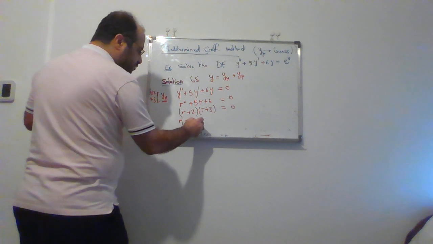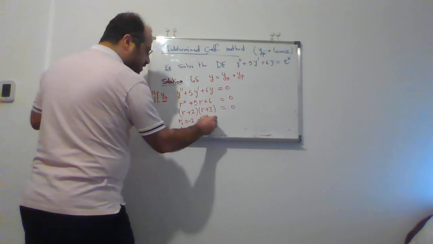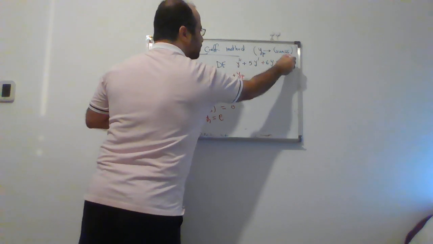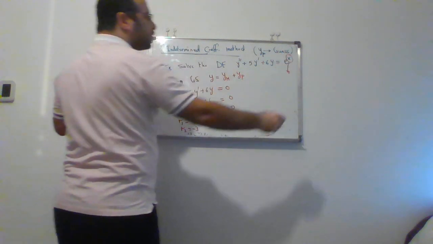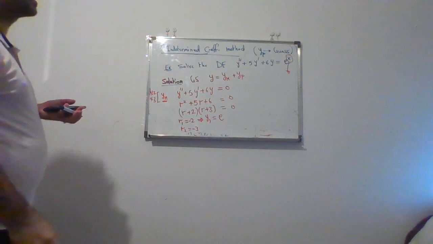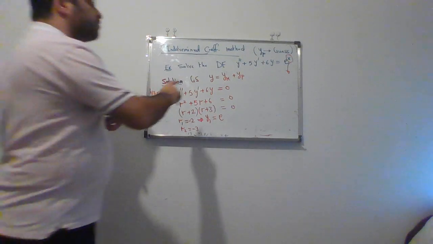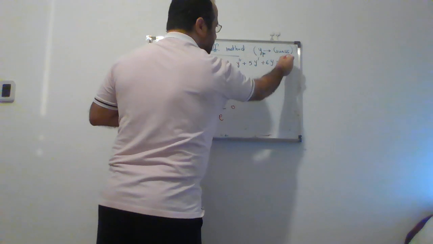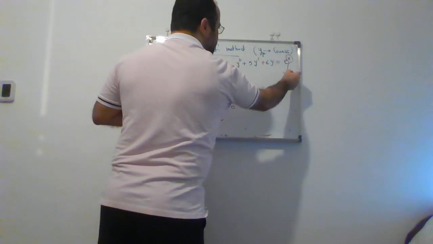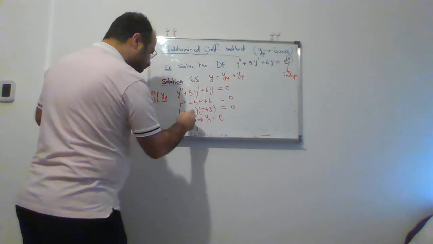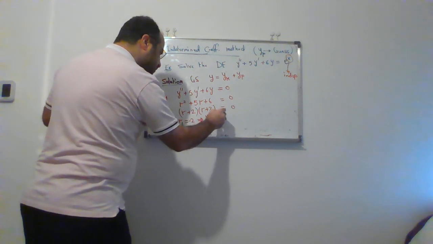From the first one, you get y1, which is e to the power, what is the variable here? Now we know the independent variable from f of x, so you cannot consider t here. It will be e to the minus 2x.